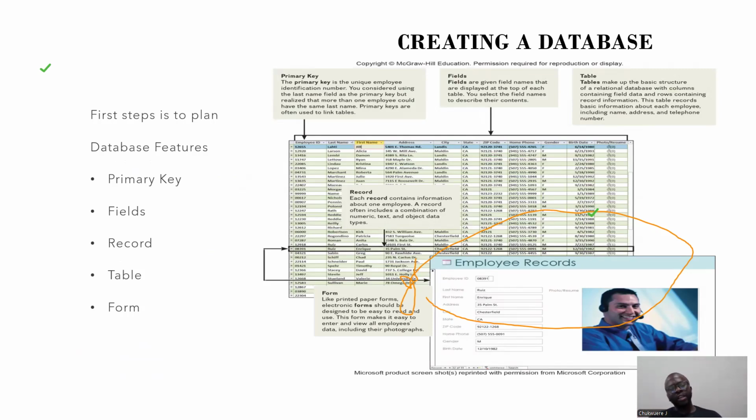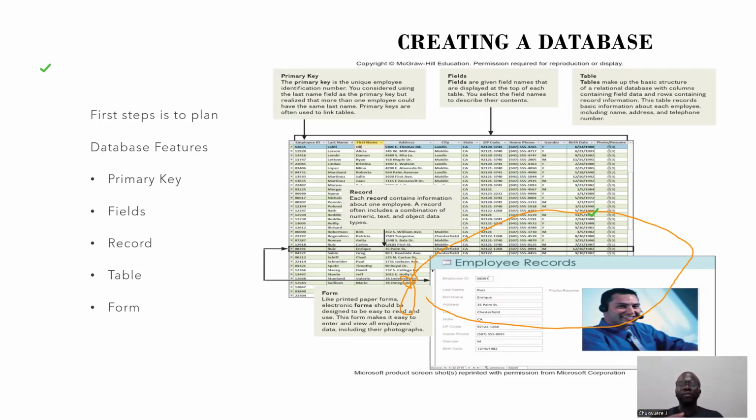Now, example again, when you want to fill a form online, what you're simply doing is interacting with a form that is stored in a database. And that very form that you fill, when you say submit, it goes to the database. It completes its role. It has a role called what? A record of you as a person.